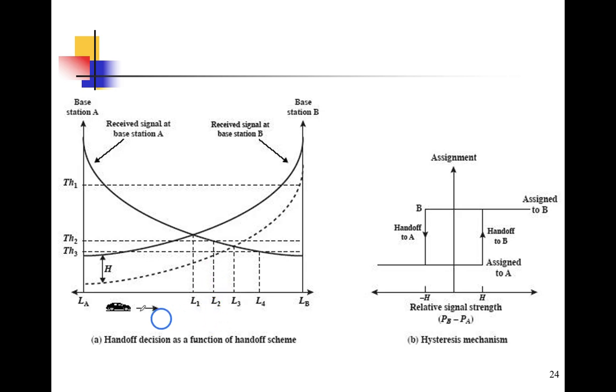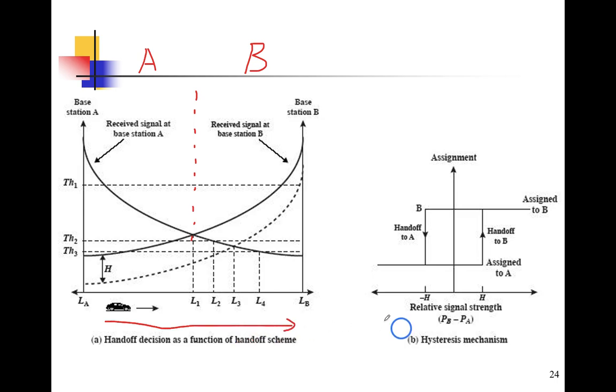For example, this car is moving from location A to location B. This is base station B, and this is base station A. Imagine these two different areas: this is area B, and this is area A. So this car is moving toward this side.